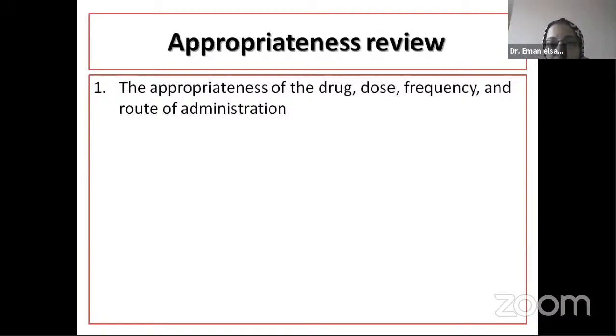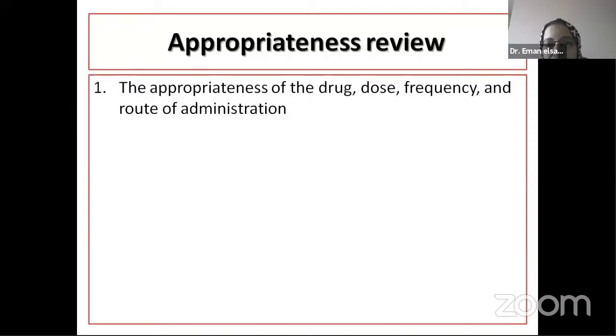But during review of the physician prescription, the role of the pharmacist, during transcribing or before dispensing, we should know why this medication was written. So we need to know the indication of this medication.